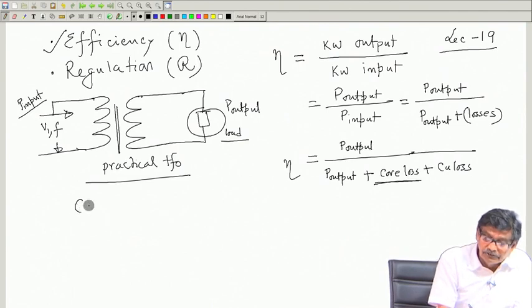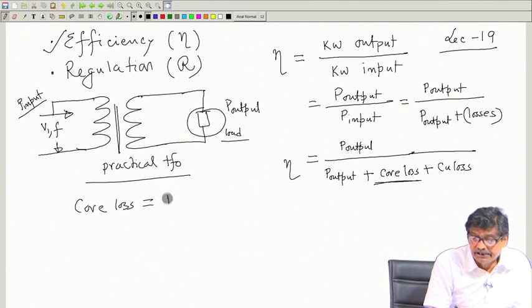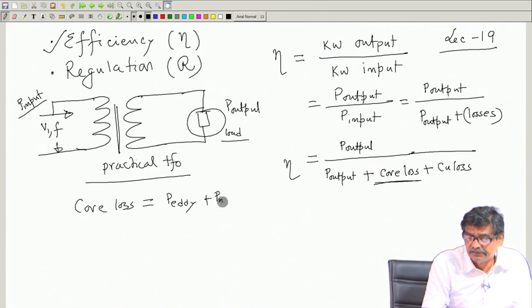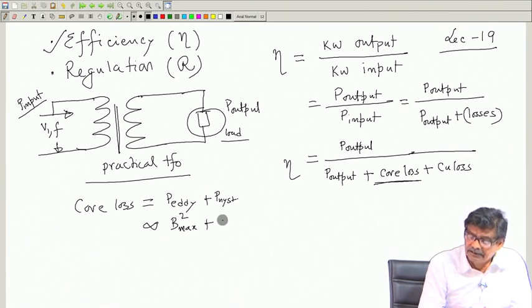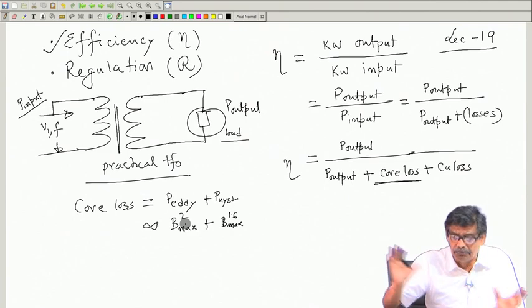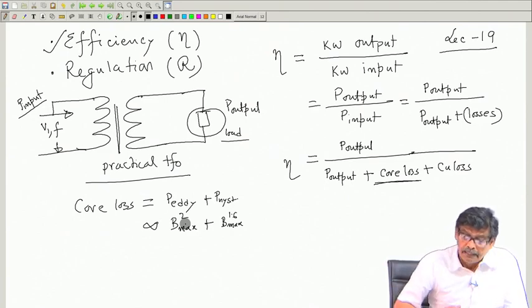What happens to core loss? Core loss, as we know, is P eddy plus P hysteresis, these two things, and it depends on B max. Eddy current loss depends on B max square, and hysteresis loss is also proportional to B max raised to some power.